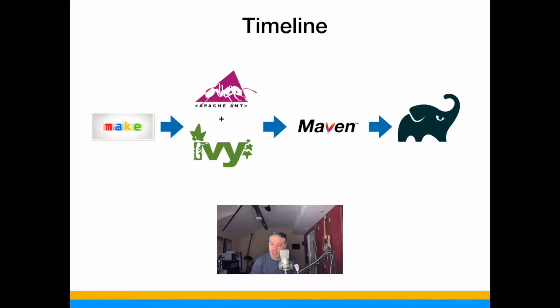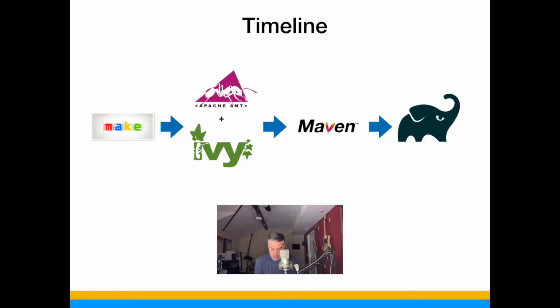That was good enough, and it's still widely used for C products. If you ever download the Linux kernel and compile it yourself, most likely you are going to be using Make. Make has a file format called Makefiles, and we're going to talk about it a little bit more in detail. But that was the most primitive version of a build tool.